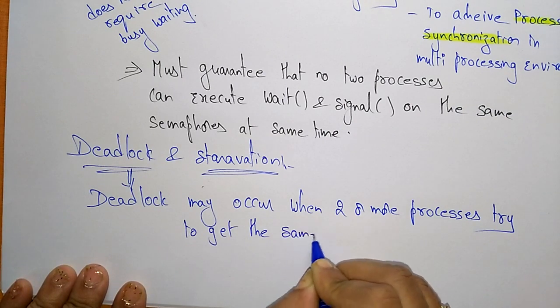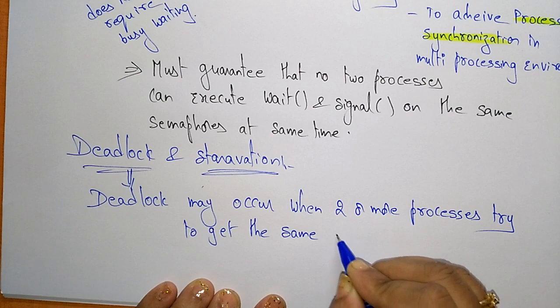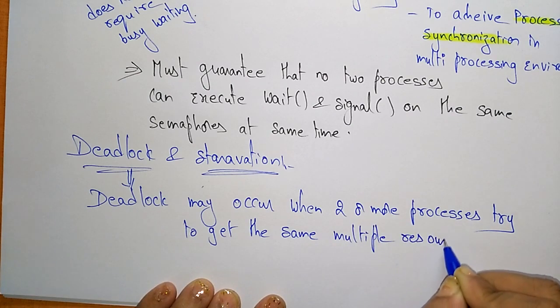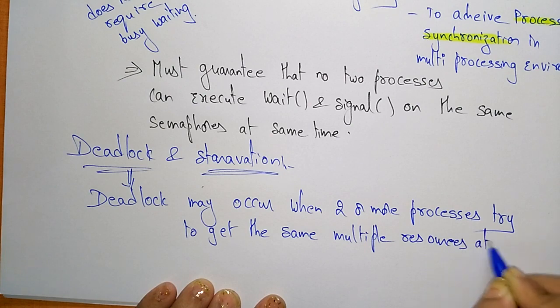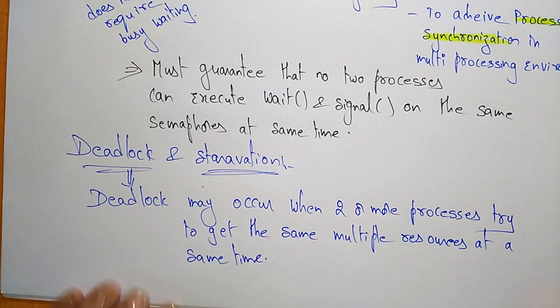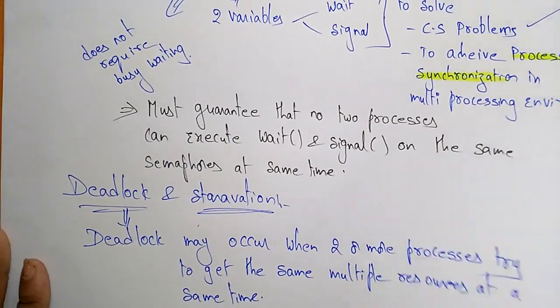Deadlock may occur when two or more processes try to get the same multiple resources at the same time. Then you call it a deadlock.